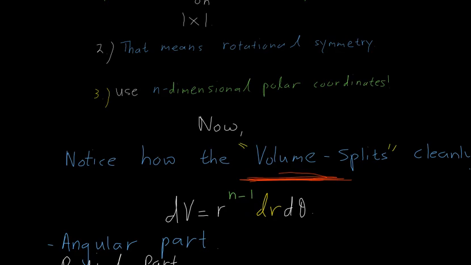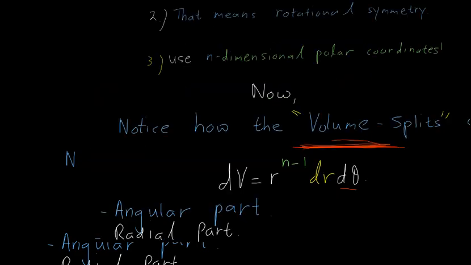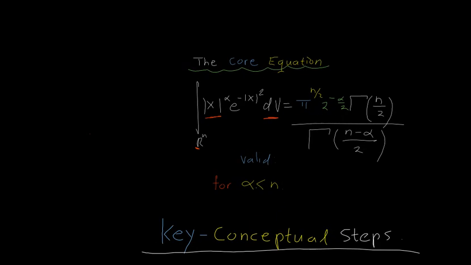This is the angular part. d theta is the differential element in the angle. dr is the radial part, the differential radial part. So there's an angular part and a radial part to the substitution of the integral that we're going to do. That's one of the interesting things here.